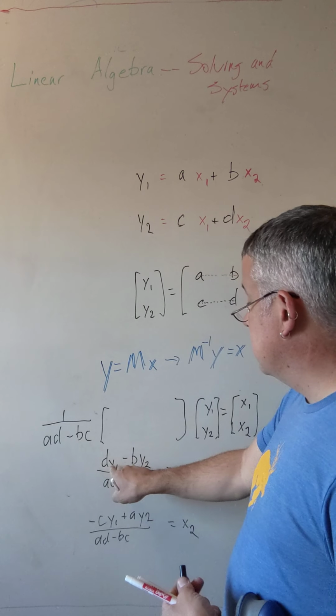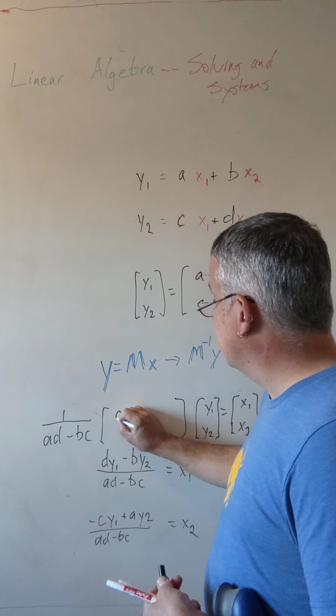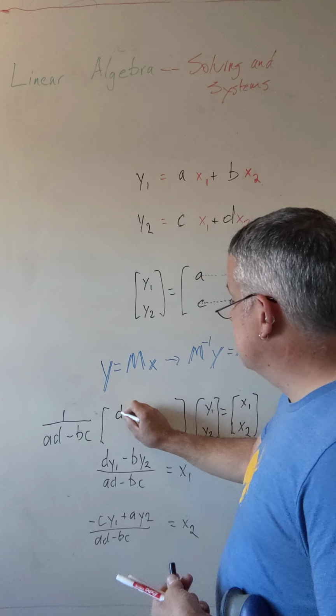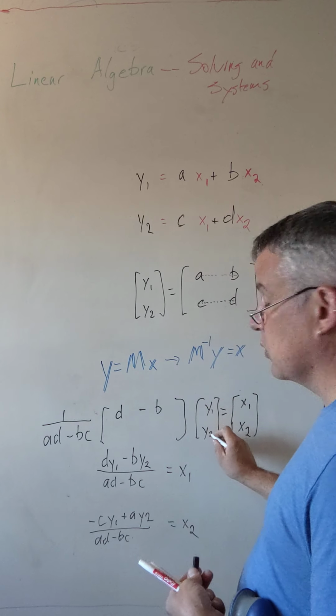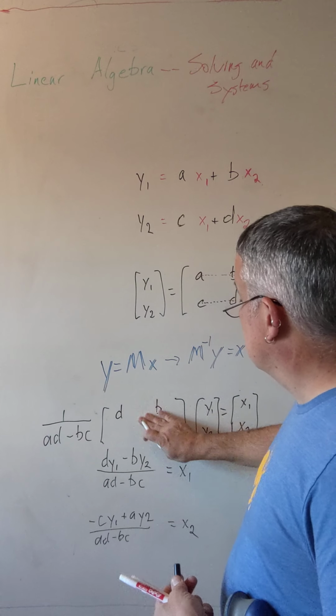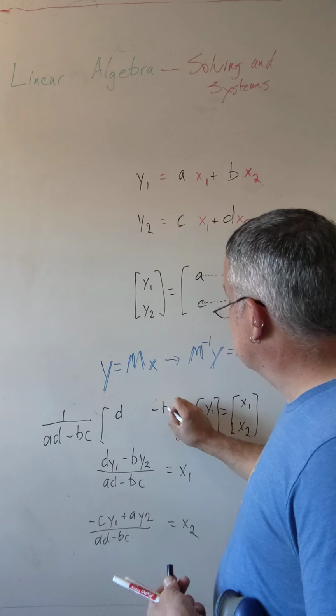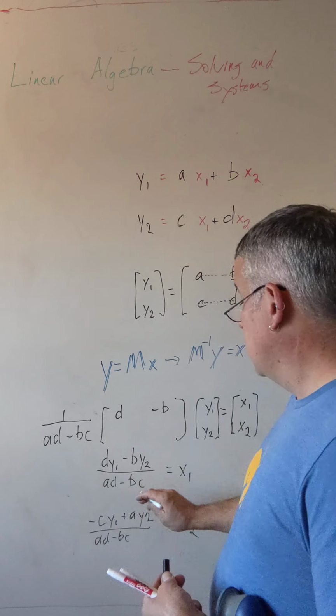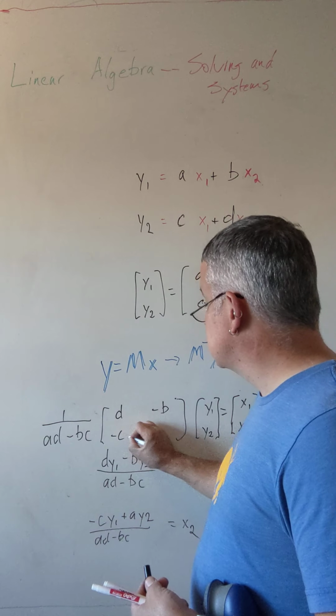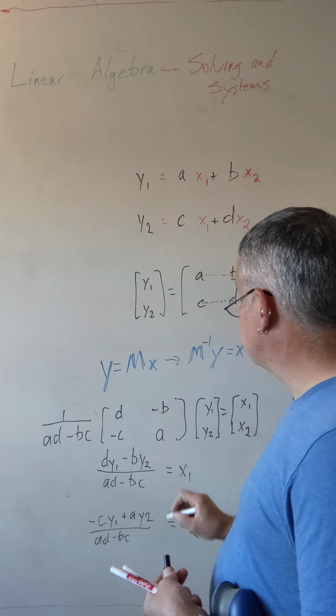So y1 appears here in the numerator with a d out front. So d times y1 minus b times y2. Let me make that a little bit more clear that that's not next to each other. Those are two separate elements of this matrix. And then down here, minus c, a.